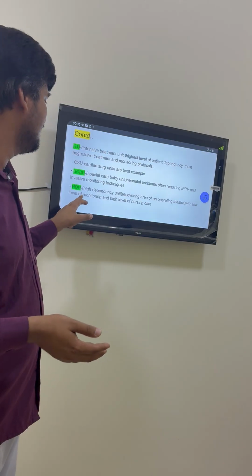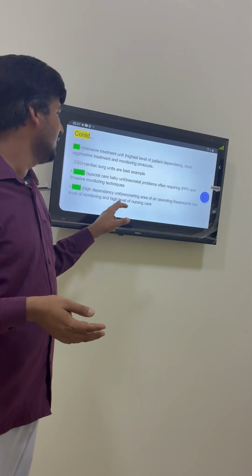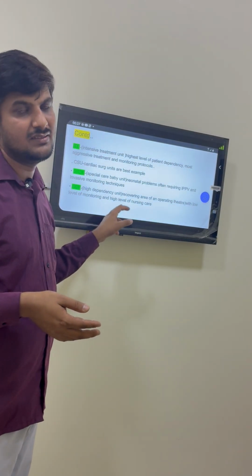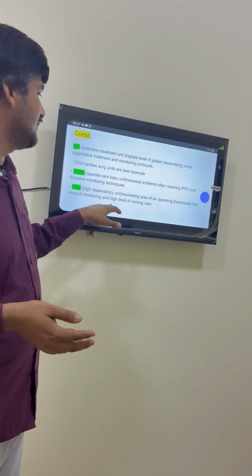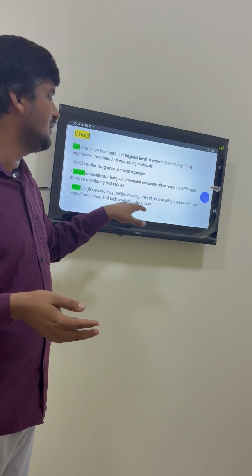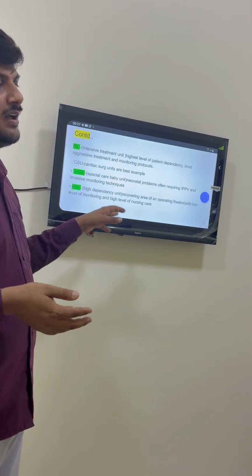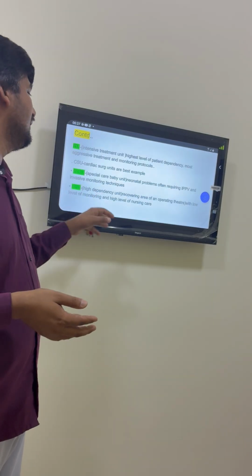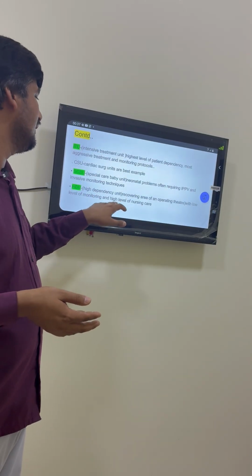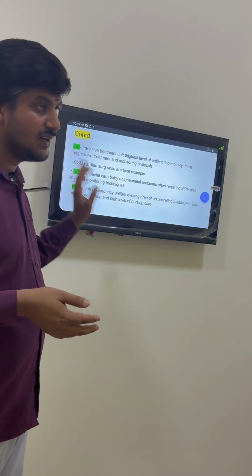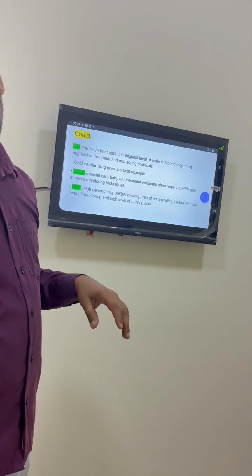So in those cases they use the HDU, where there is a high level of nursing care. If there were low nursing care, we would call the unit a ward. So with high level of nursing care, we call it a high dependency unit.